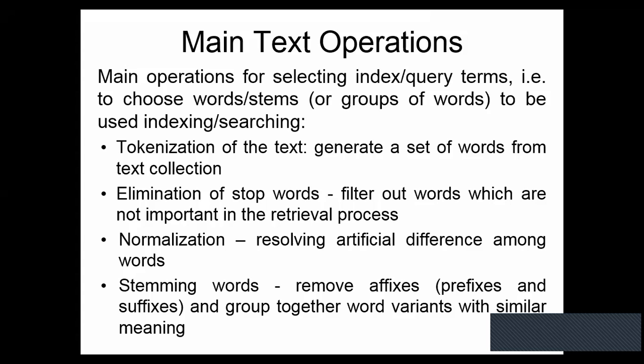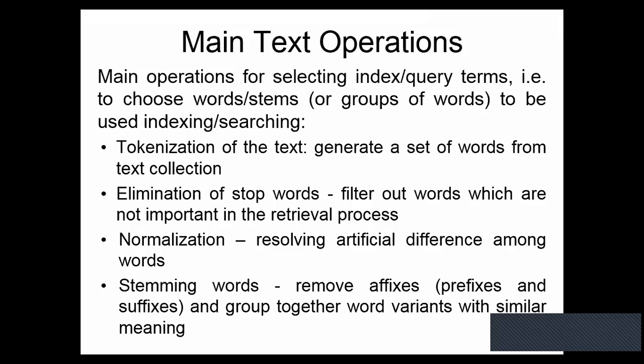So as a result, there are different text operations involved. Tokenization is obviously the first step, because whatever text we have has to be split into word level. So from any document, we have to identify word 1, word 2, word 3, up to word n.